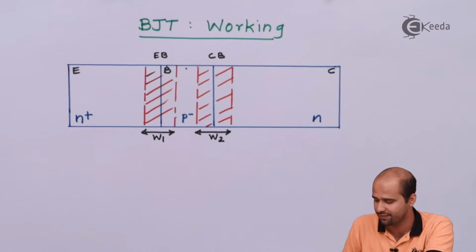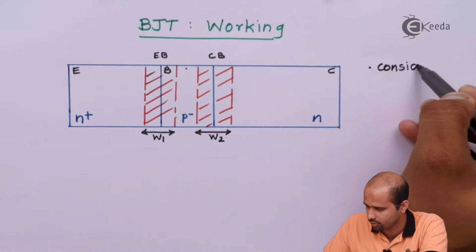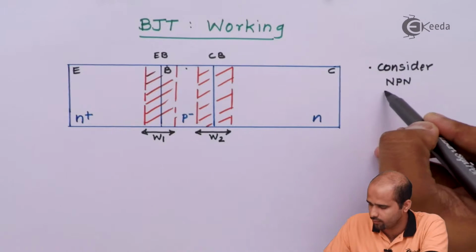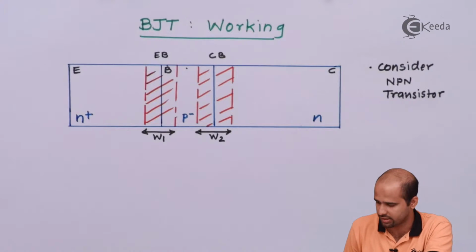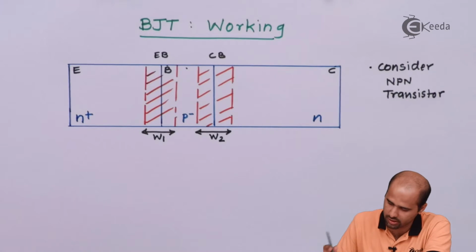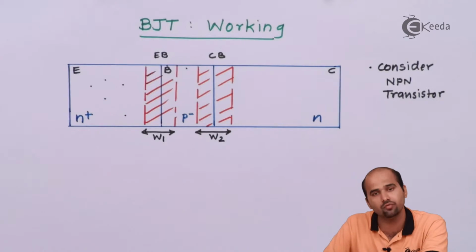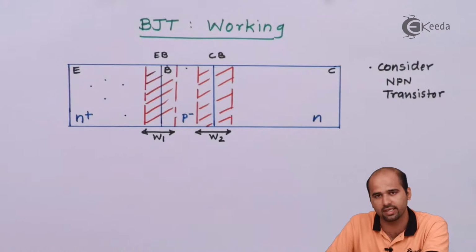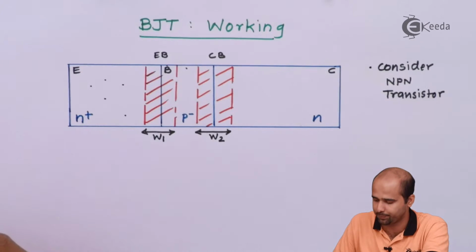Now we will start with the working process. Considering that this is an NPN transistor, we'll consider NPN transistors. As far as the NPN transistor is concerned, we will have a very large number of electrons present, working as majority charge carriers in this particular space of the BJT.